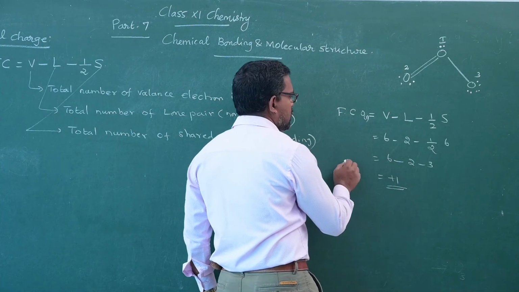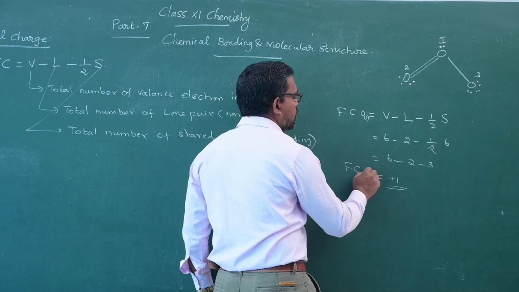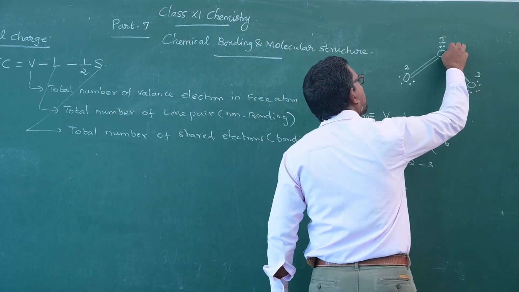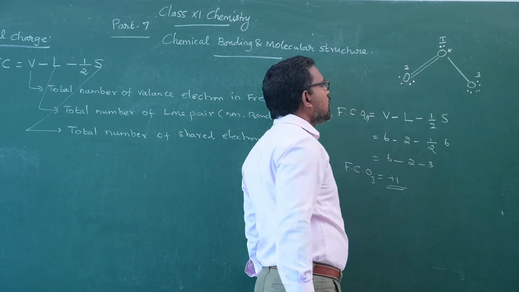So the formal charge of oxygen 1 is equal to plus 1. This is assigned as a plus charge.